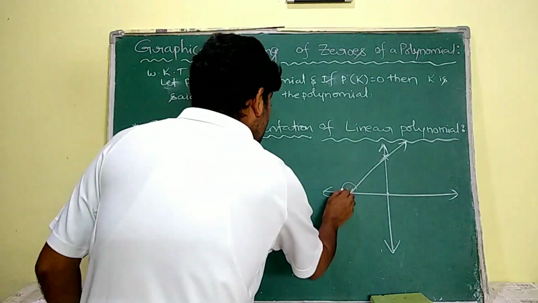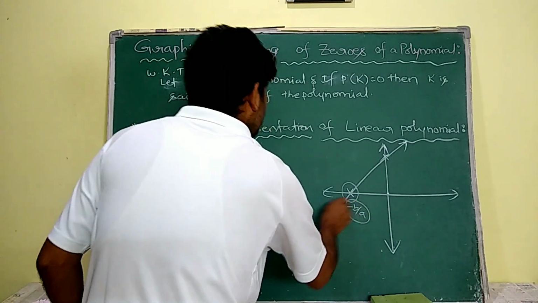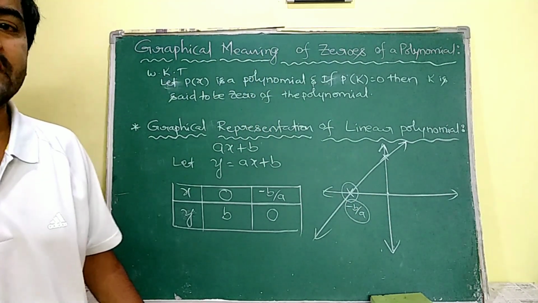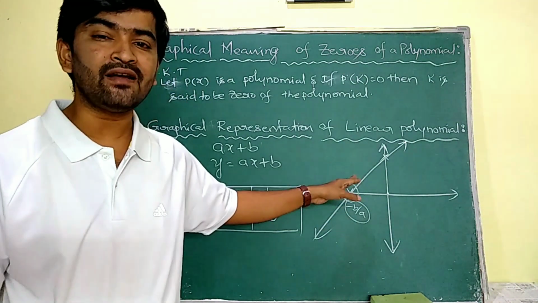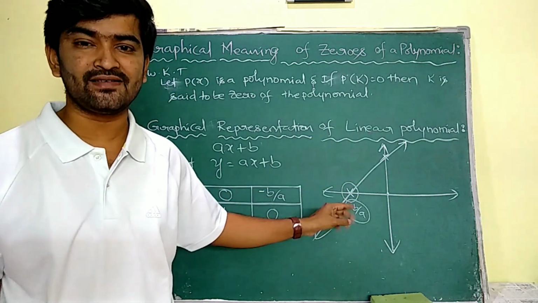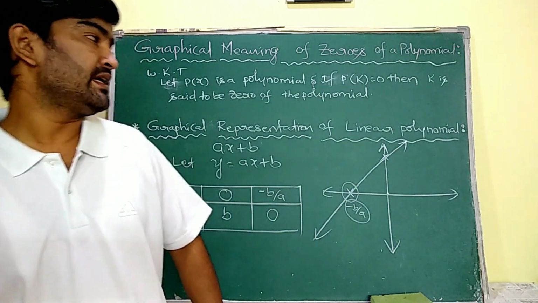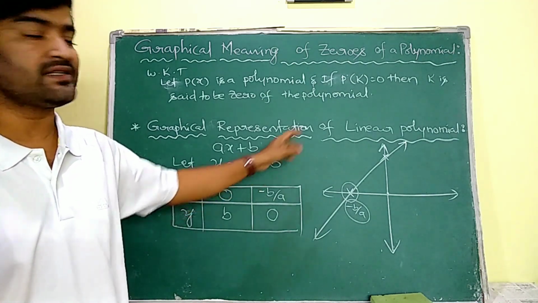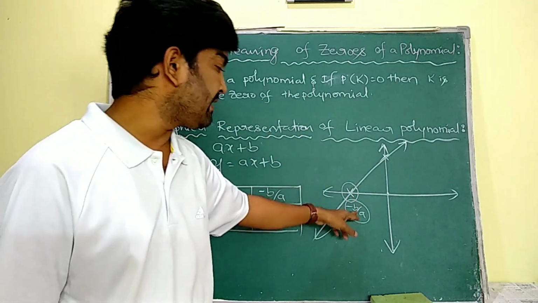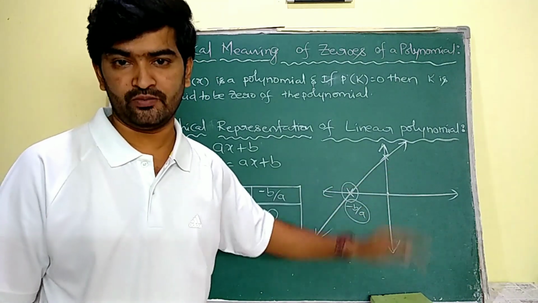The graph touches the x-axis at minus b by a. This is known as the graphical zero. The value at which the line or the graph touches the x-axis is known as the zero of the polynomial. See, here this polynomial ax plus b touches the x-axis at minus b by a. So this is the zero of the polynomial.